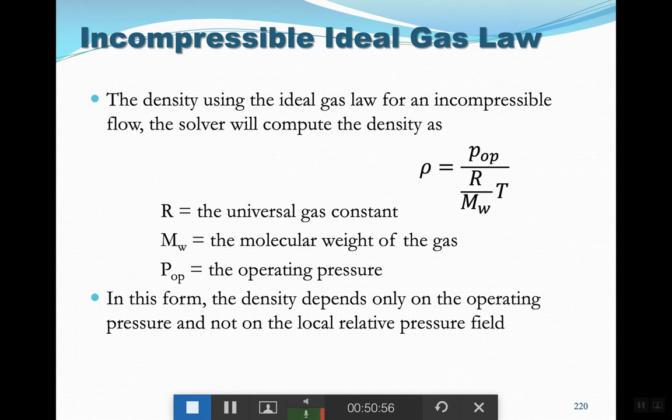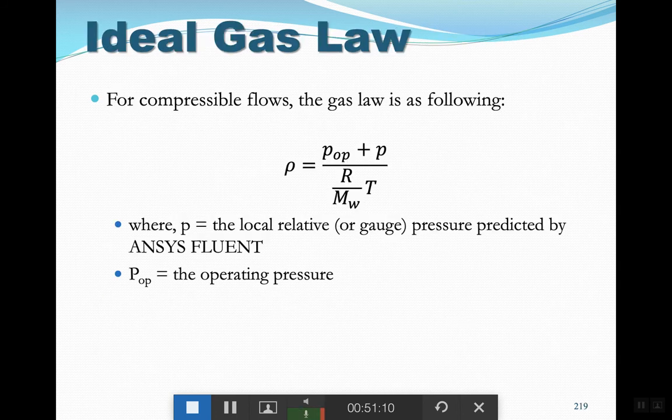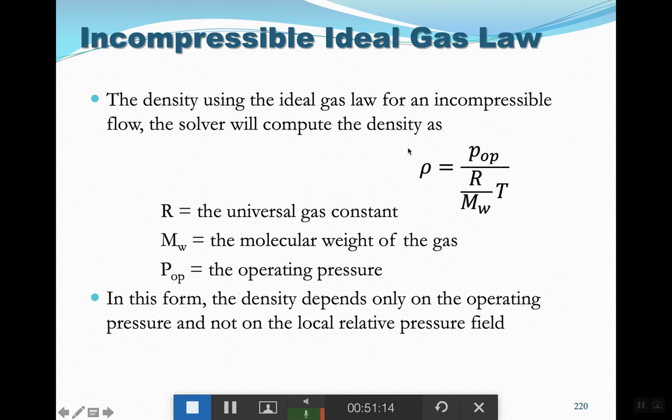If you have the incompressible ideal gas law, basically the density is being calculated from the same equation. The only difference is this is not dependent on local pressure anymore. You see here it is dependent on pressure, which makes it compressible, but here it only depends on the operating pressure, which is a constant number.